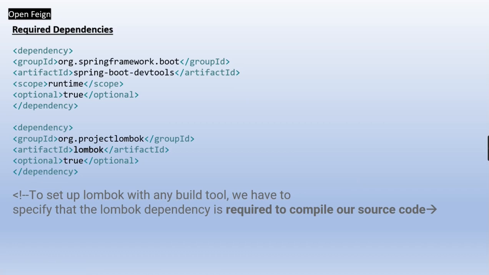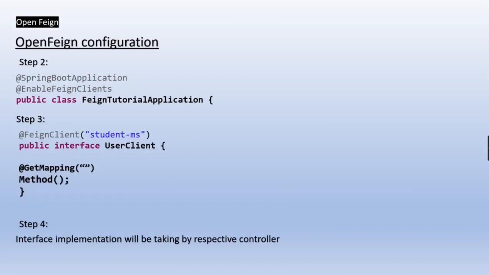Then other dependencies, dev tools and Lombok, we need to use. To set up Lombok with any build tool, we have to specify that the Lombok dependency is required to compile our source code. For smooth compiling of our source code, we need to add the Lombok dependency. And with dev tools, our server will automatically start and stop. If any code modification happens, the server automatically restarts and rebuilds again. So for that we need to use dev tools.